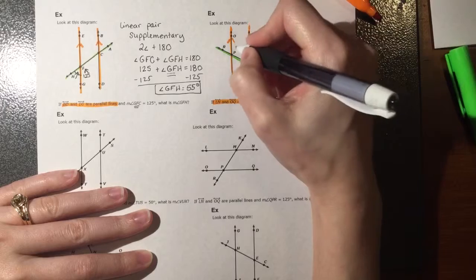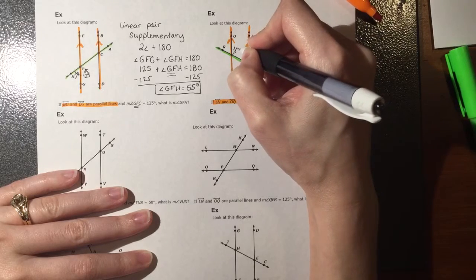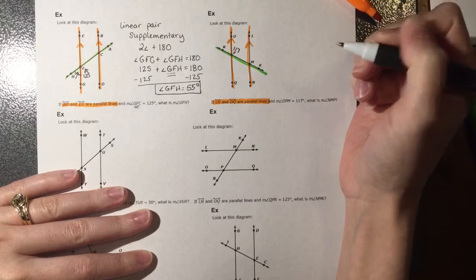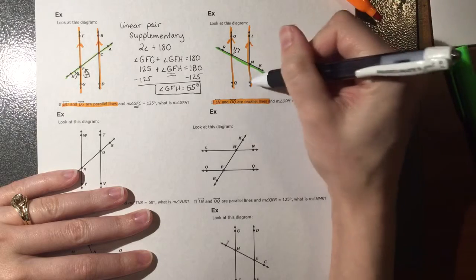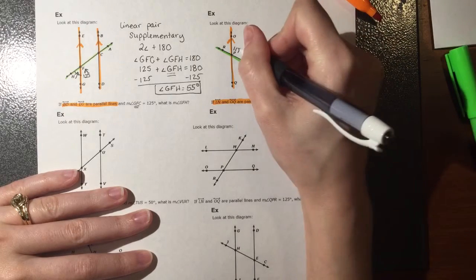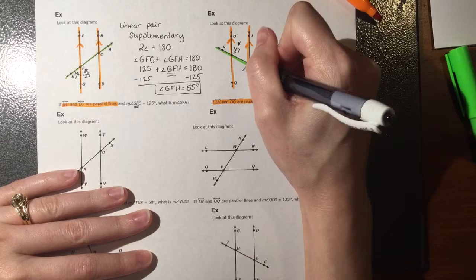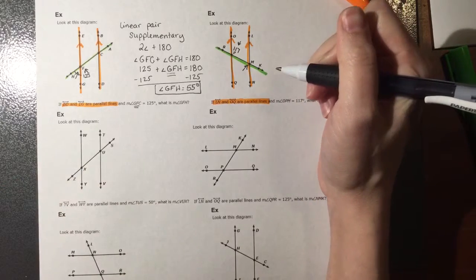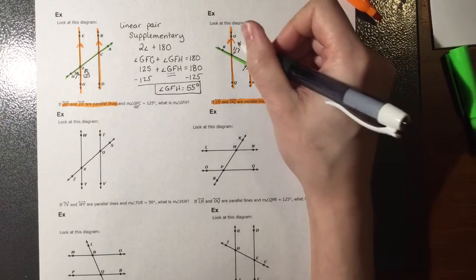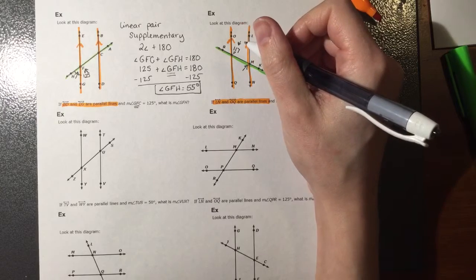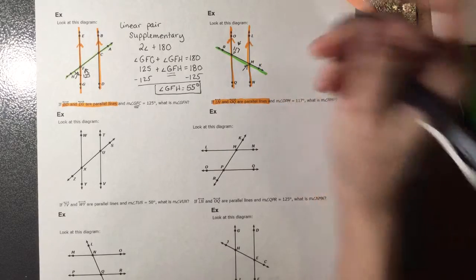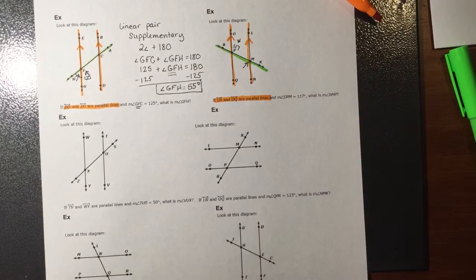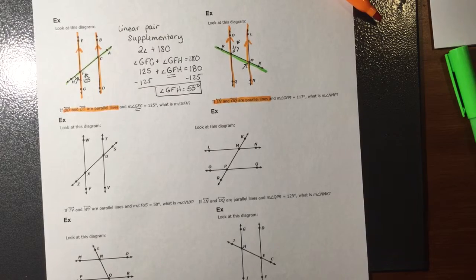So OPM right there is 117 degrees. What is the measure of angle NMP? So we're looking at comparing this angle to that angle. And in order to be able to do this, we have to figure out how they are related. So we're going through that list of angles that I've given you, trying to figure out how they are related.